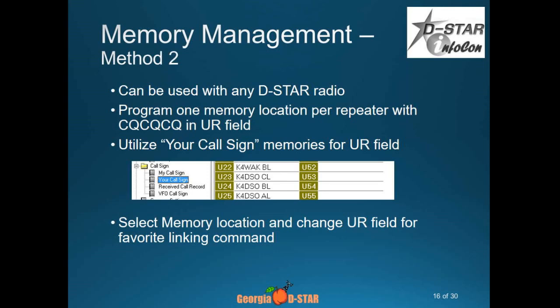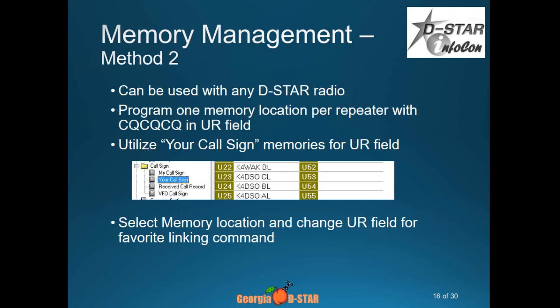And that can be a faster way. That way, I don't have to have all those 10 memories. I just set up one with CQ, CQ, CQ, and then change the UR. So I can save memories that way, not have to program all the other 9, or however many you're reserving for that repeater. So that's an alternate way. That's why I call that method 2. That's available.